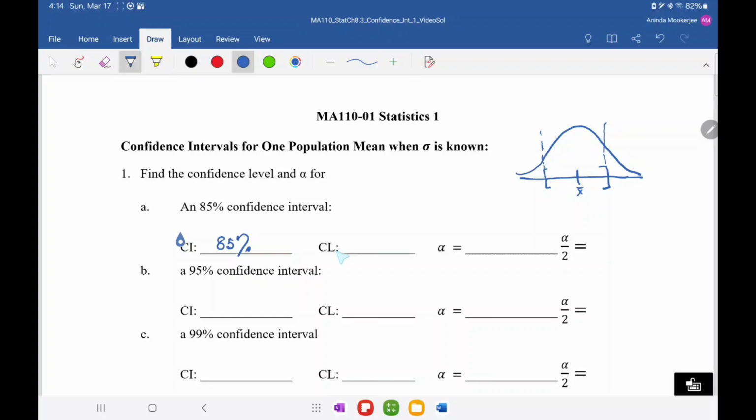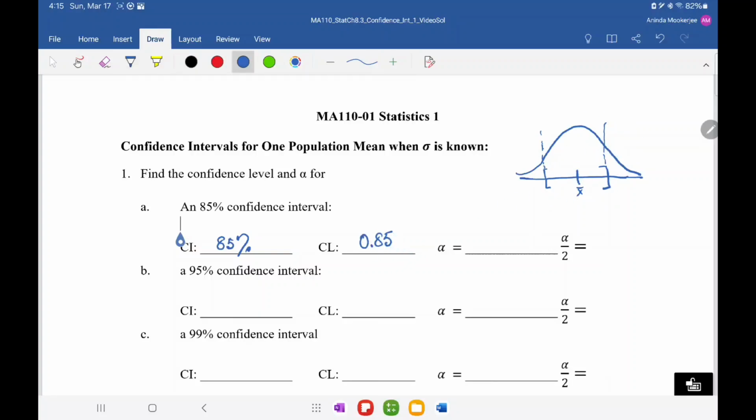Confidence level is the confidence interval transformed to a decimal value. All right. So the decimal equivalent of 85% is 0.85, correct? 85 divided by 100 is 0.85. So confidence level is going to be 0.85.